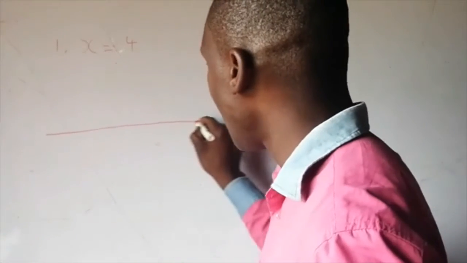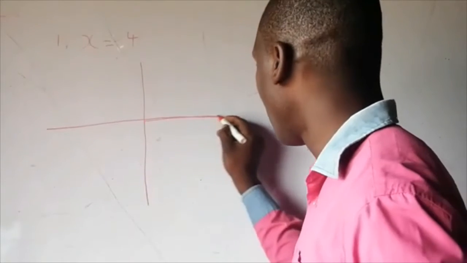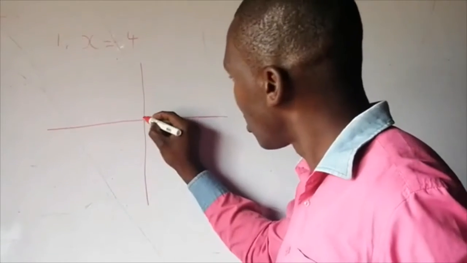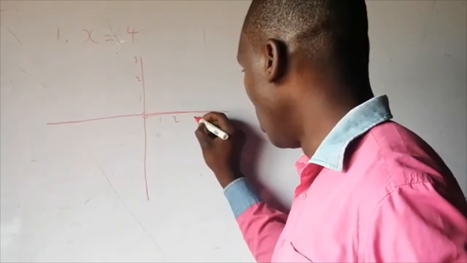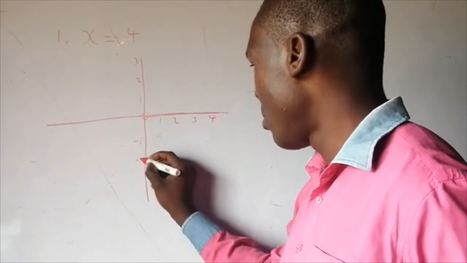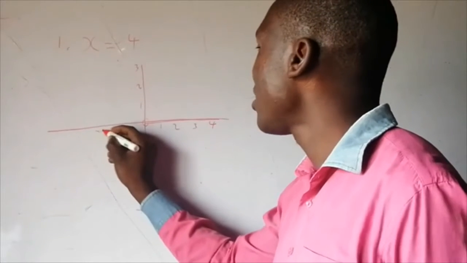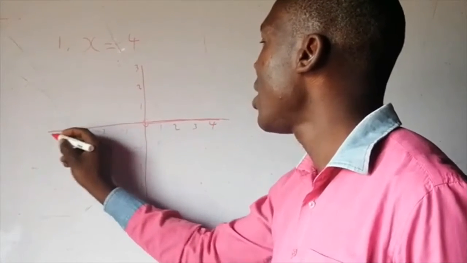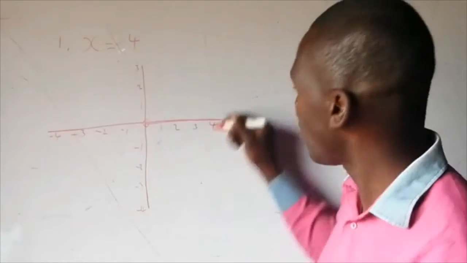To draw this graph on a Cartesian plane, this is the origin, 1, 2, 3, 4, minus 1, minus 2, minus 3, minus 4 on each axis. So the line x is equal to 4.